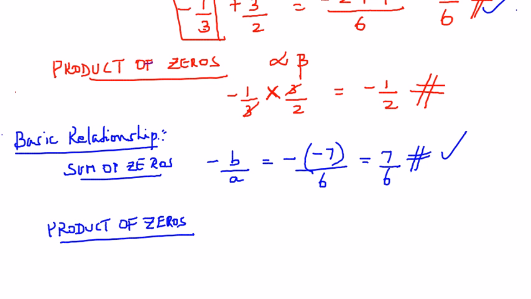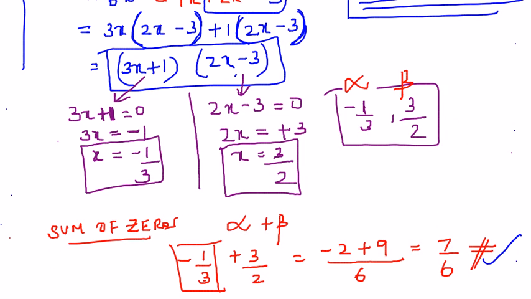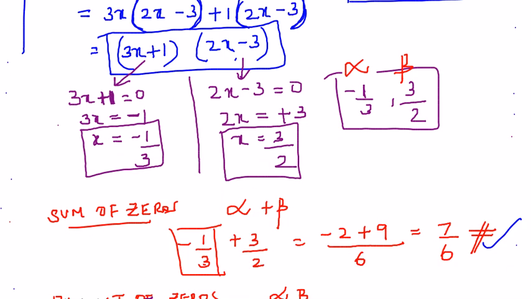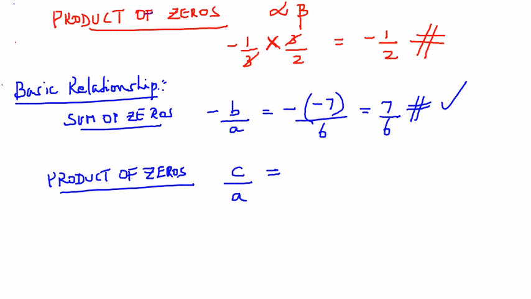Product of zeros is c by a. What is the value of c? It is the constant term here, minus 3, right? Minus 3 by a order value is 6. So if you simplify it, you're going to get minus 1 by 2.